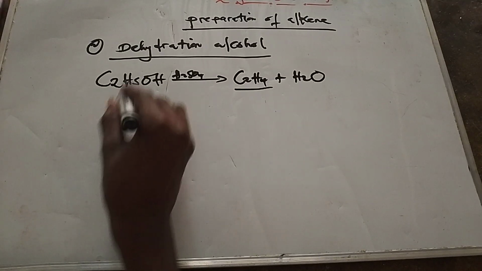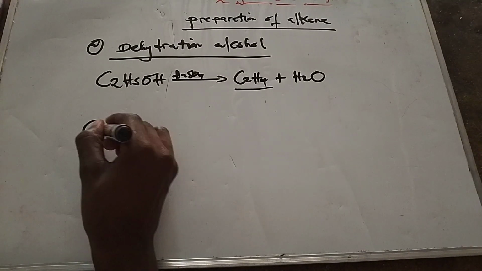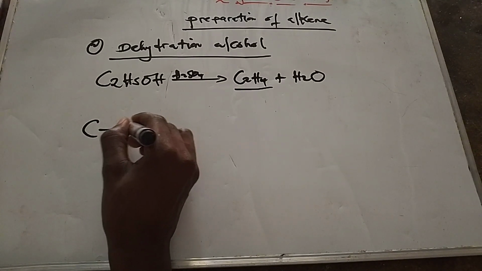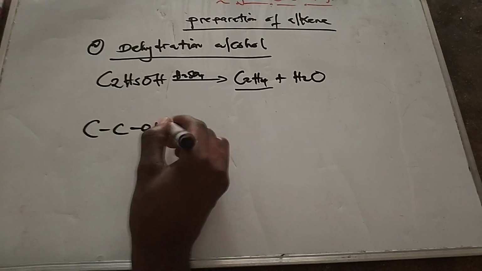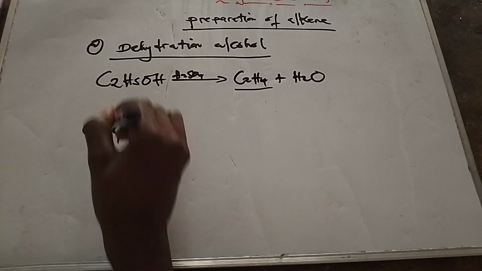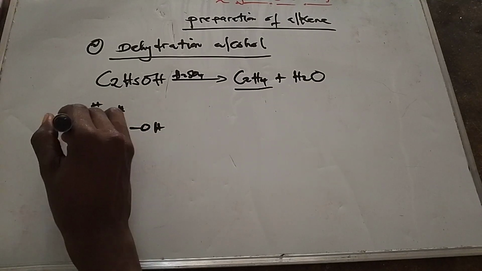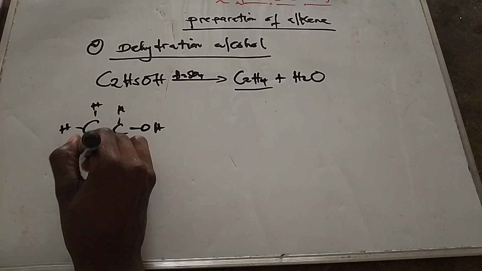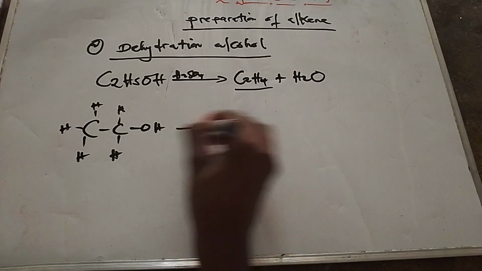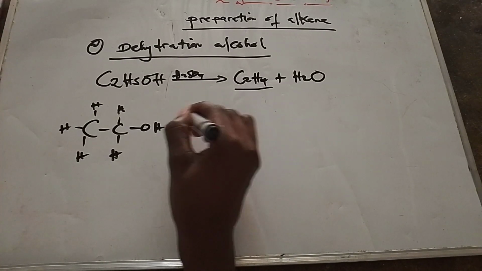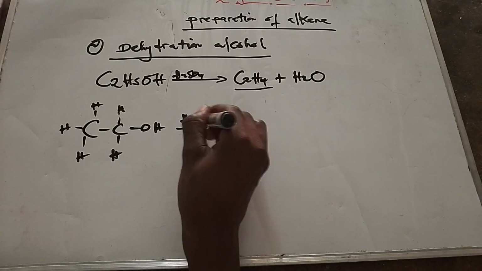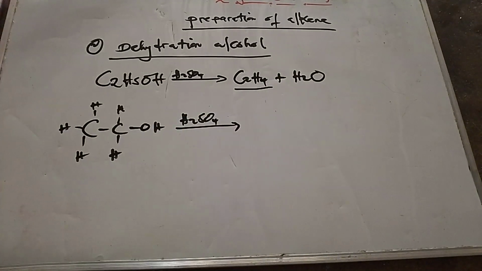So what we are saying now in a structure, since organic chemistry normally focuses on the structure, this is our alcohol. Then you have H2SO4.